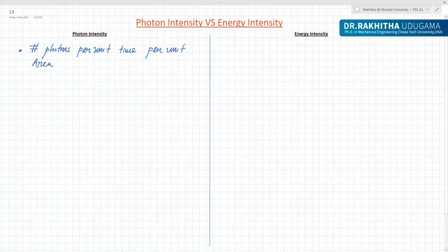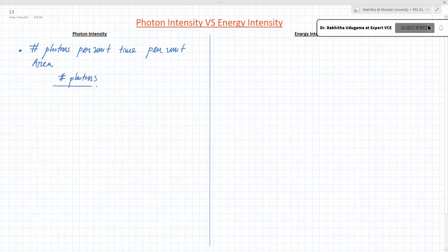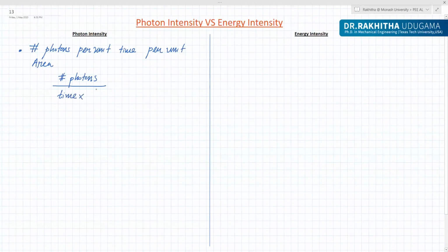That means number of photons divided by time, and per unit area means you have to divide by area, right?